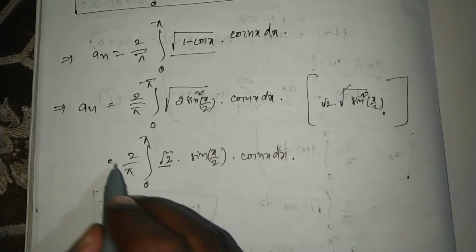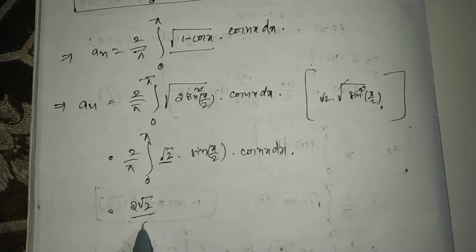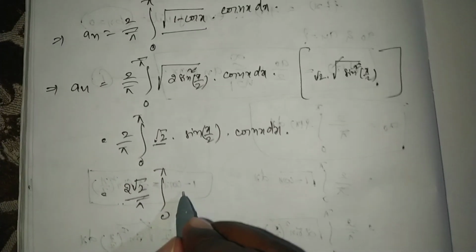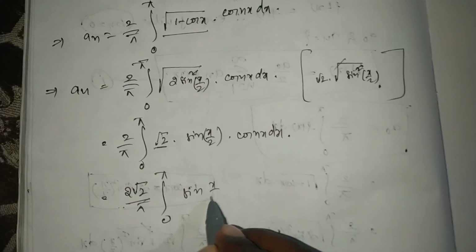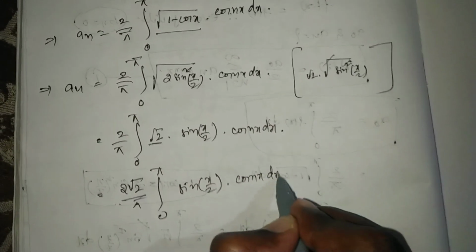Here √2 is constant, take it outside, so this will be 2√2/π times the integral from 0 to π of sin(x/2) cos nx dx.